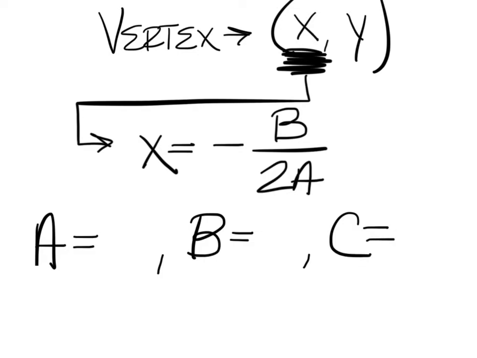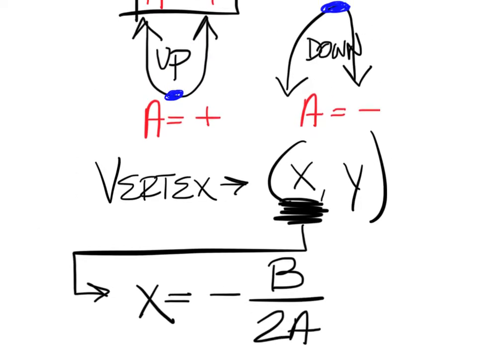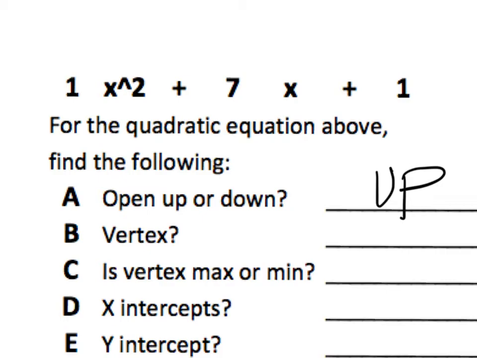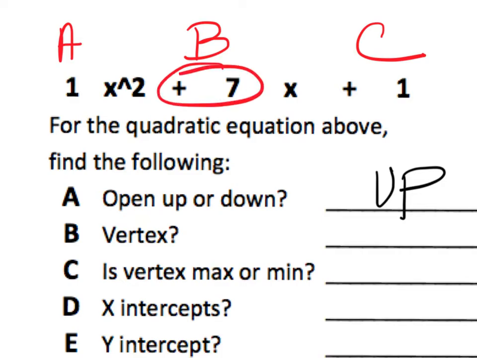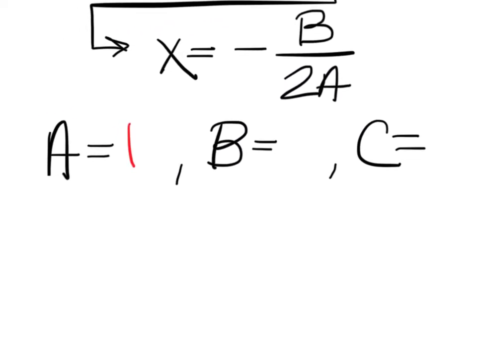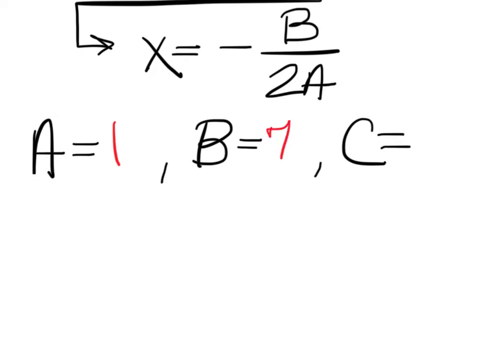We've already found A. A is 1. Go back to the original equation and look and see what A, B, and C are. A is 1. B is 7. C is 1. So B and C are 7 and 1 respectively.